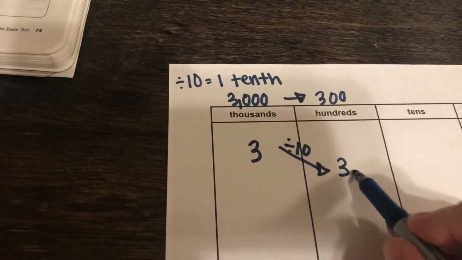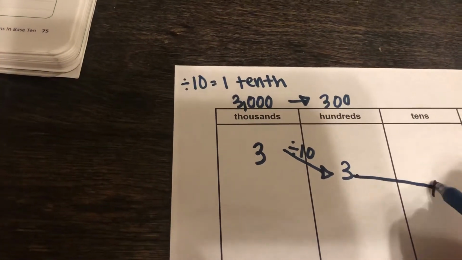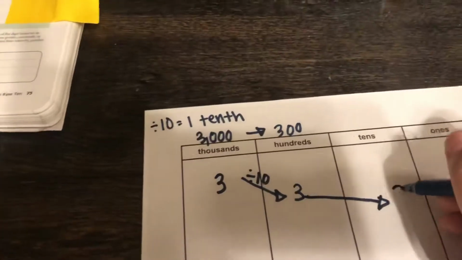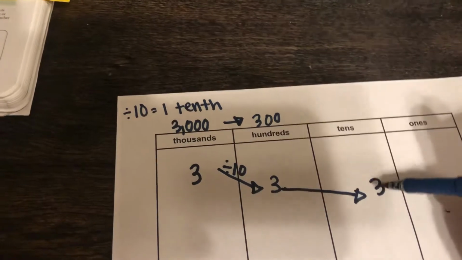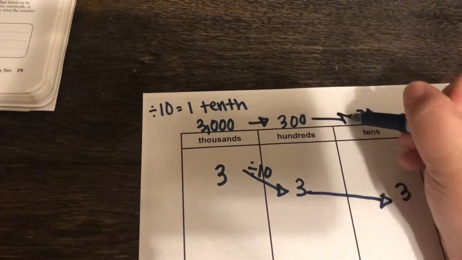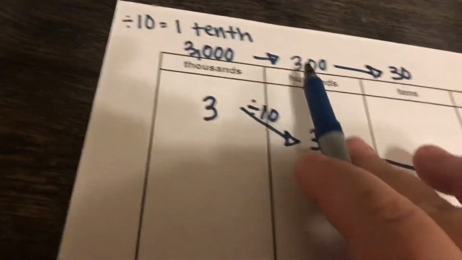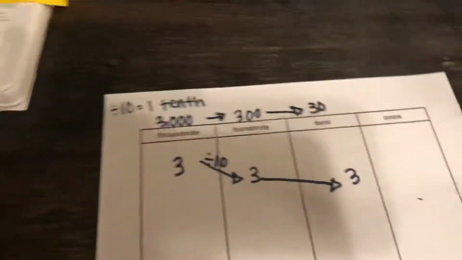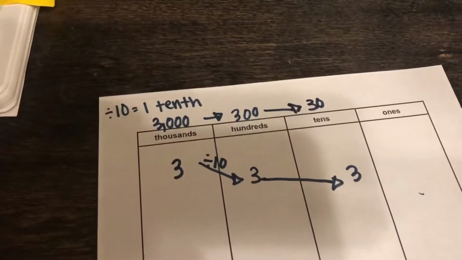So again, we're going across and we're putting a 3 here. This is not just 3, it's 30. So we're taking our number from 300 to 30. What do we need to do to that number in order to get it to 30?